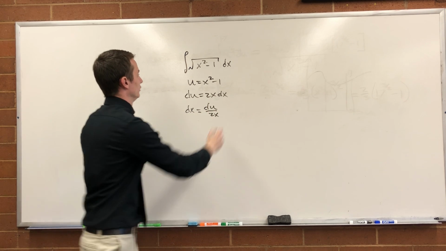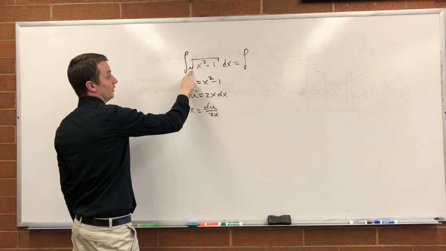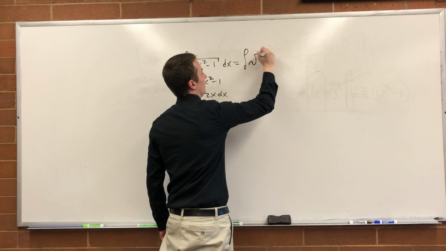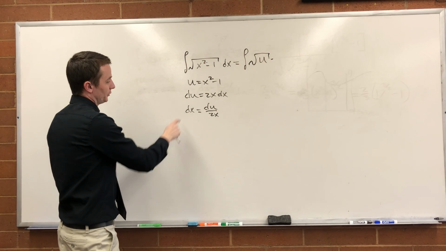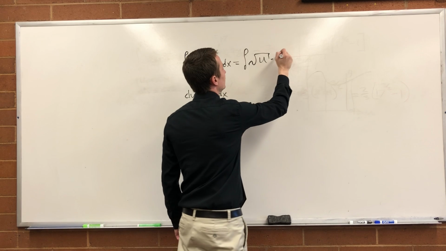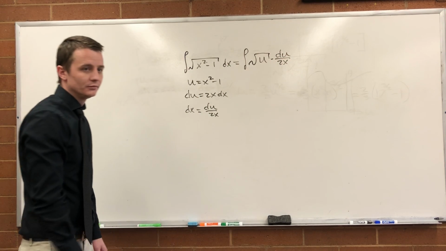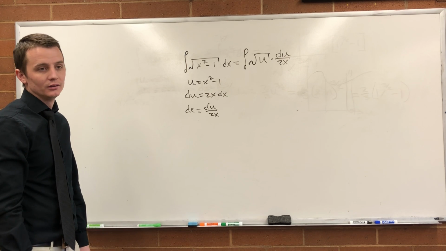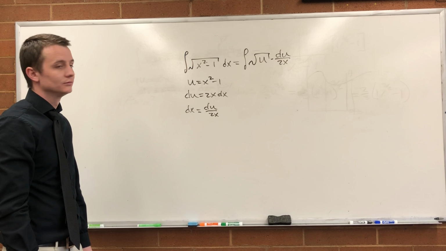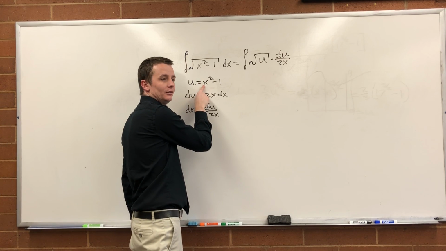So let's do our substitutions. So this is equal to the integral of, we replace this with the square root of u, right? Times, and we replace dx with du over 2x. Uh-oh, we still have an x in there. Now you can say, oh, well, we can figure out x from this equation, right?